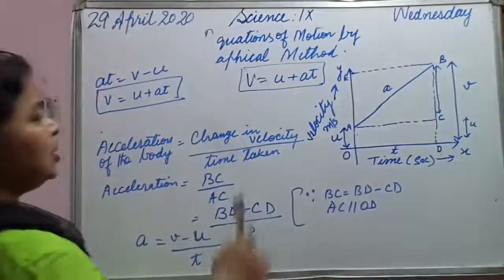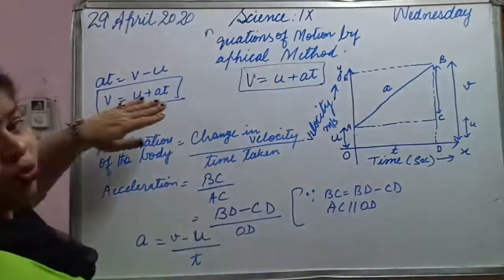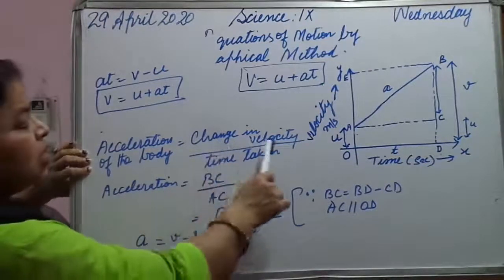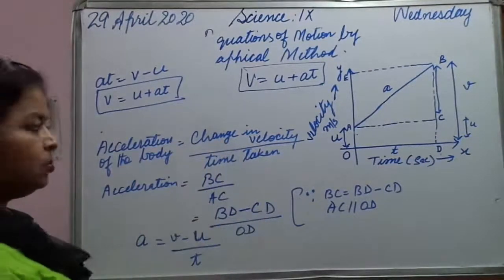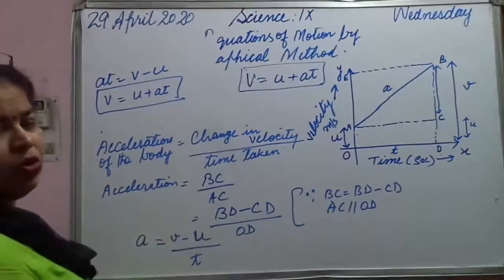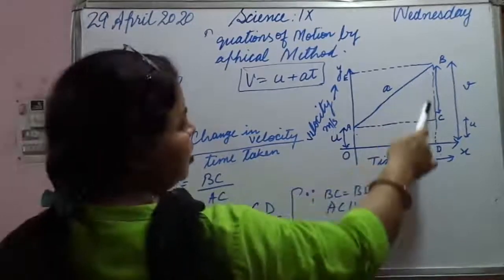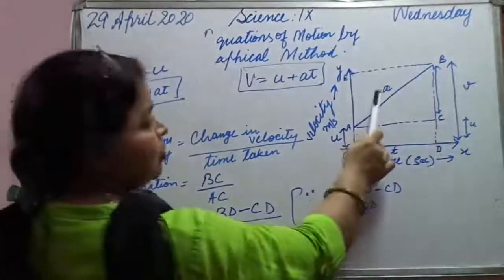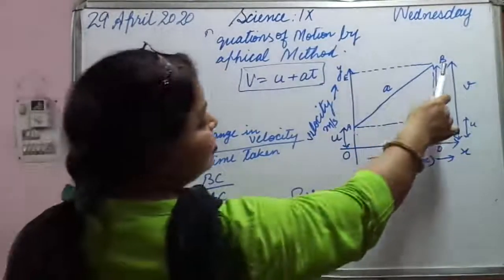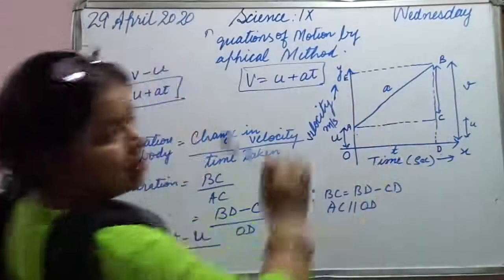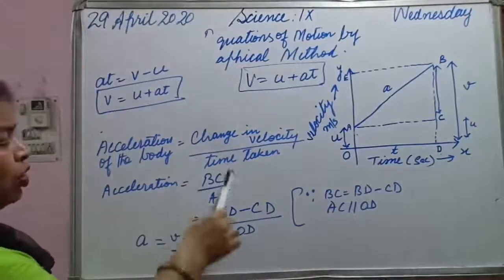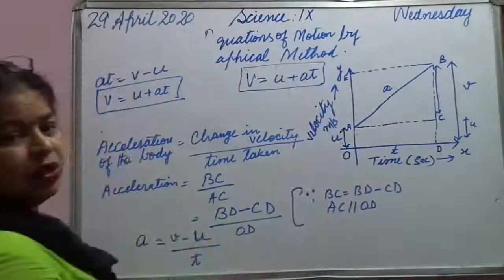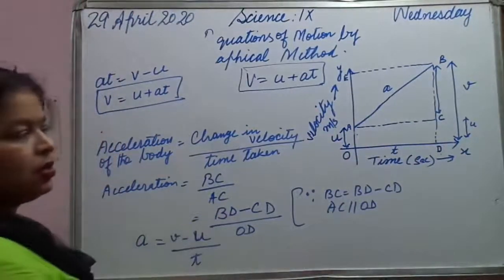So to prove that V is equal to U plus AT, the acceleration of the body is shown by change in velocity upon time taken. So acceleration is equal to BC upon AC. Mathematically this value is BC upon AC. We don't know the value of either BC or AC, so we are manipulating it.